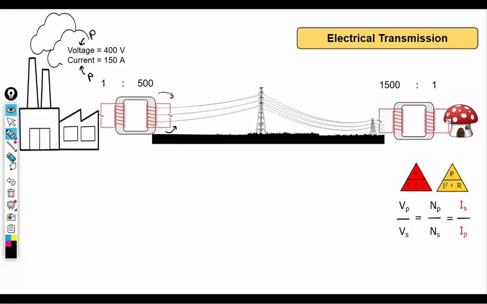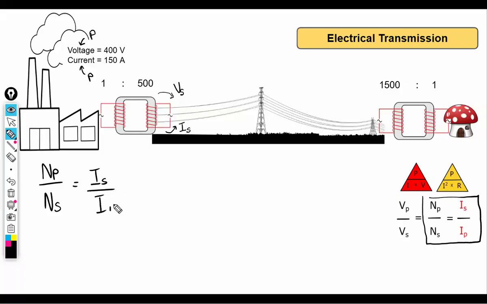So we're trying to find the secondary values, secondary current and secondary voltage. But I asked you all to find the current first. So we're going to use this portion of the formula, NP on NS is equal to IS on IP.